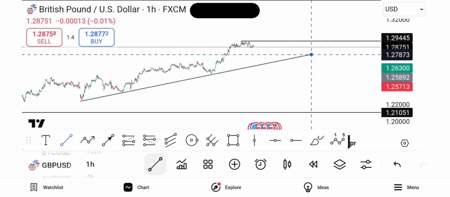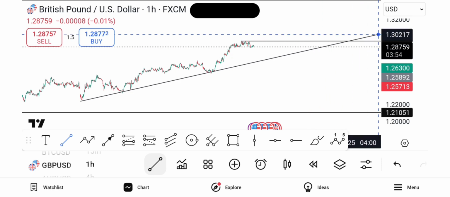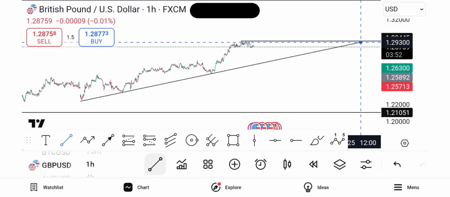We also normally apply the trend line in our support and resistance. I talked about that before: whenever you are doing support and resistance analysis, you apply your trend line to be inclusive in that.